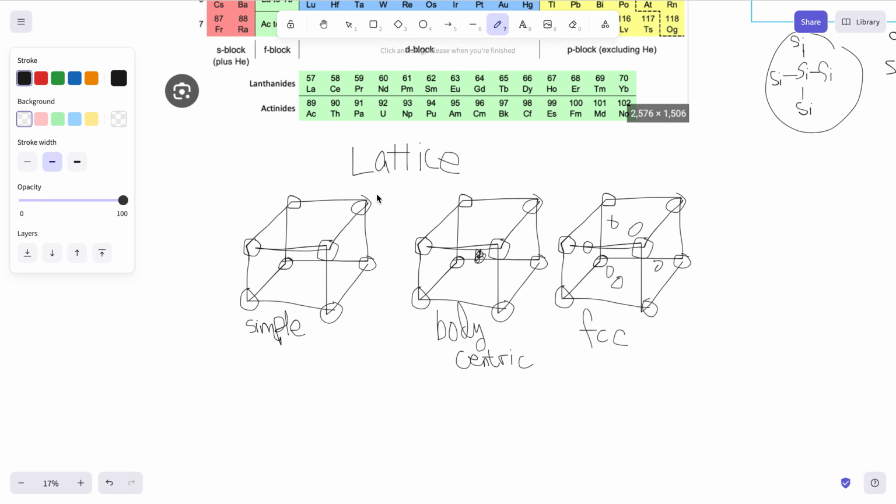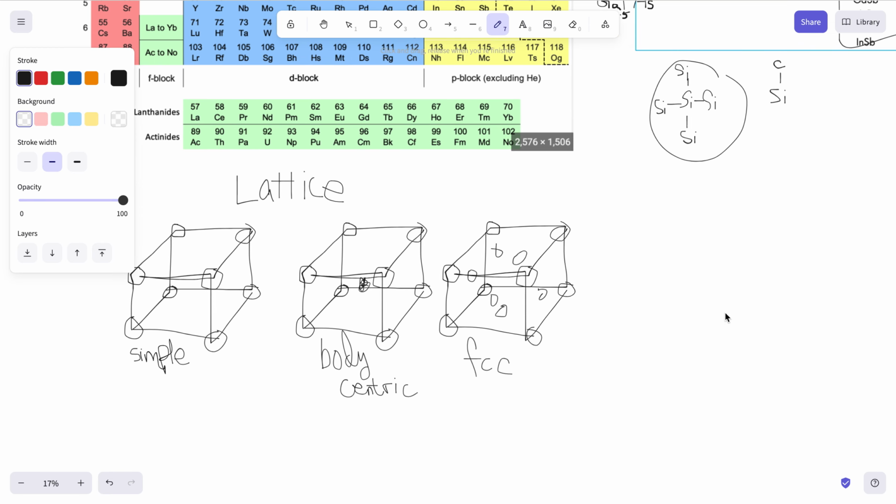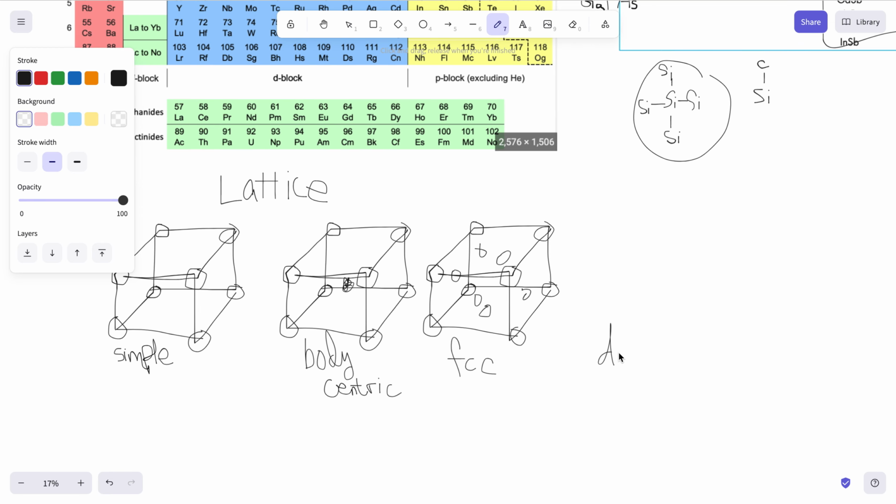And then the last one is called diamond lattice, which is a very common lattice shape for a lot of semiconductor materials. Silicon, in fact, which is the most important semiconductor material, follows this structure.